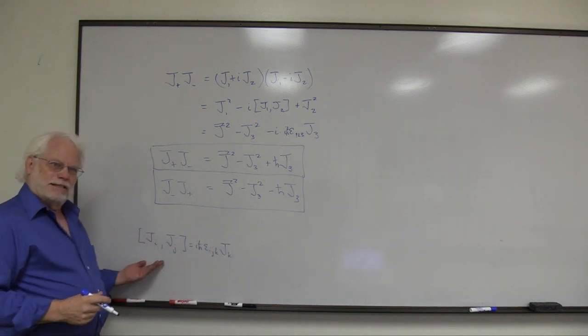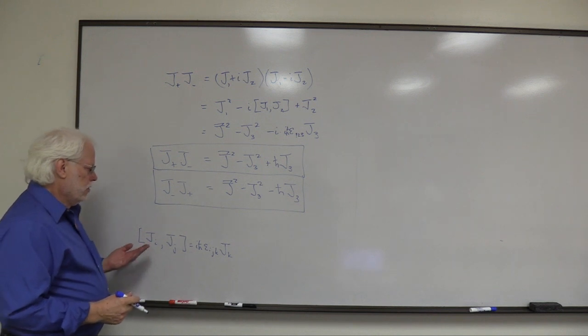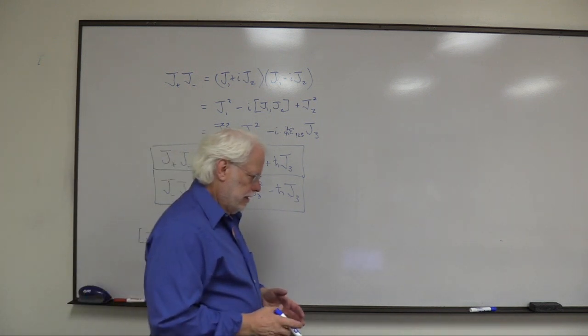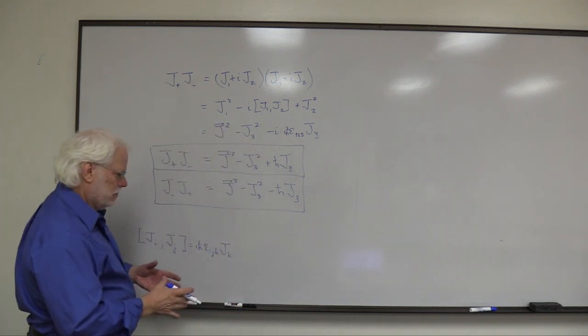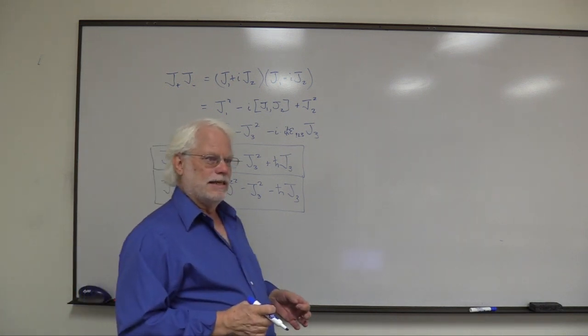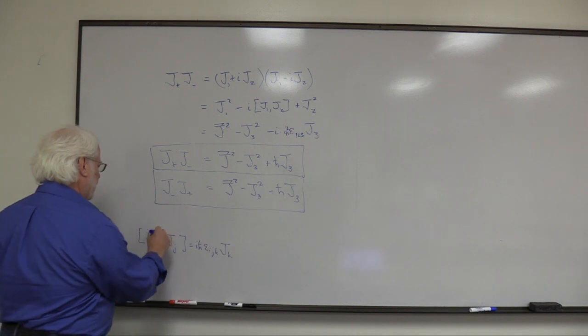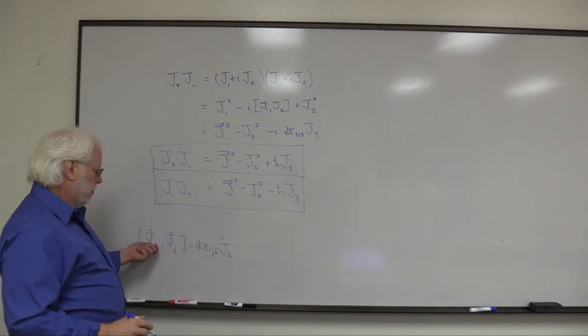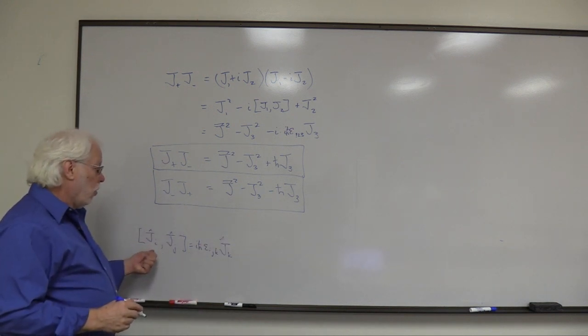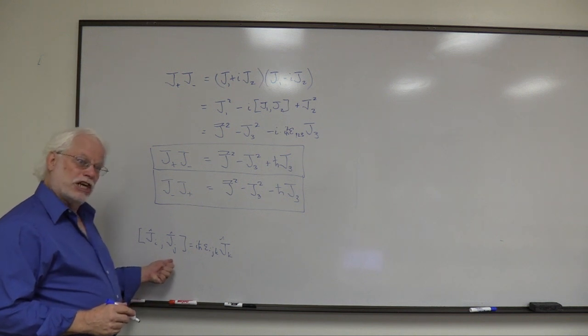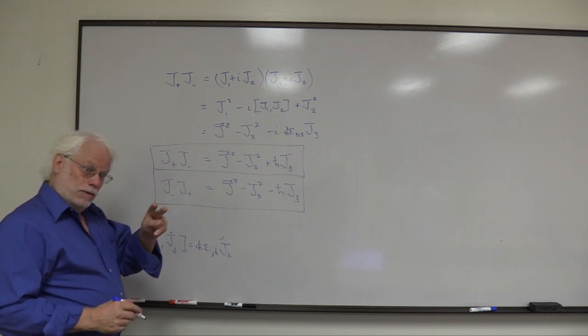But they satisfy this commutation relation. What we're doing is finding essentially all states for which we have operators that satisfy this. Basically, we're going to find all representations for the j's.